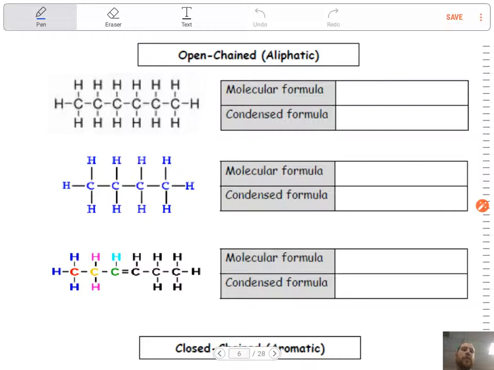So what I want you guys to do right now, okay, is I want you to try to write the molecular and condensed formulas for all of these. So I'm going to do the first one together. So if I count up, I've got 1, 2, 3, 4, 5, 6 carbons. And I've got 1, 2, 3, 4, 5, 6, 7, 8, 9, 10, 11, 12, 13, 14 hydrogens. All right, so that's how I would get my molecular formula, just count it up.